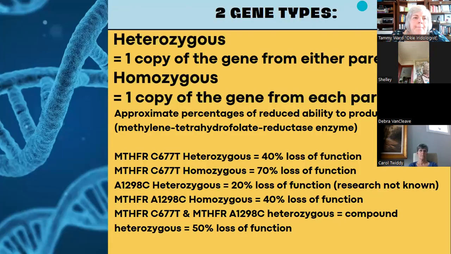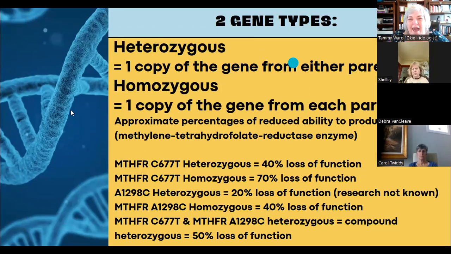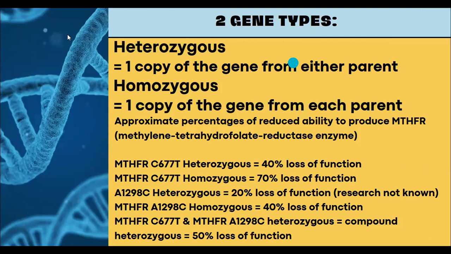These little boxes in Zoom are kind of annoying. So there are 2 gene types, and those 2 gene types are actually mentioned in a category in our scanner.